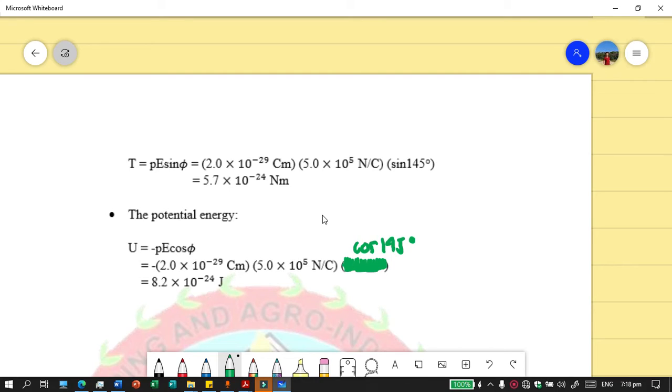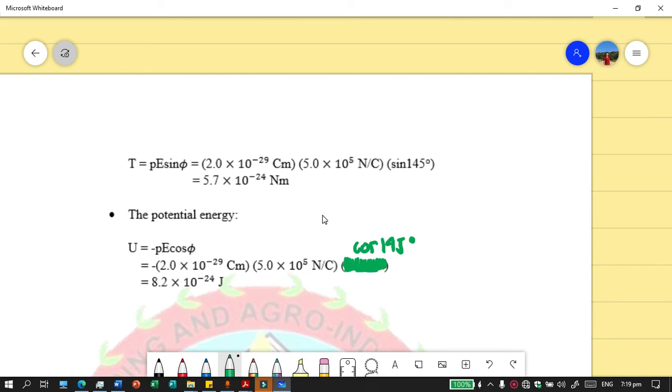So let's try that one. 2.0 times 10 to the power of negative 29 times 5.0 times 10 to the power of 5 times cos 145. Oh la la.